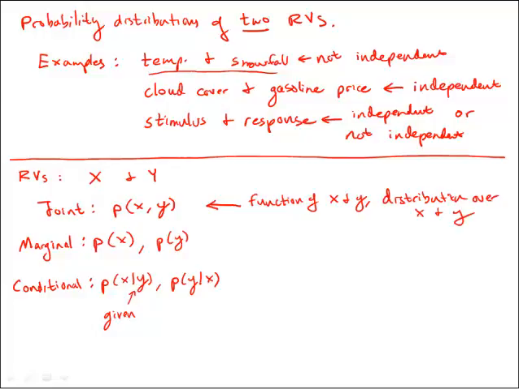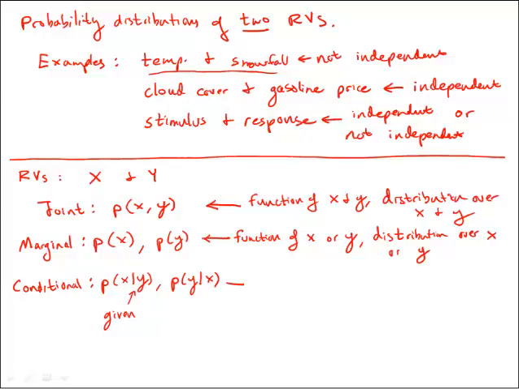Just to keep things straight, the joint distribution is a function of x and y and a distribution over x and y. The marginal distribution is a function of either just x or just y, and it is a distribution over just x or just y.